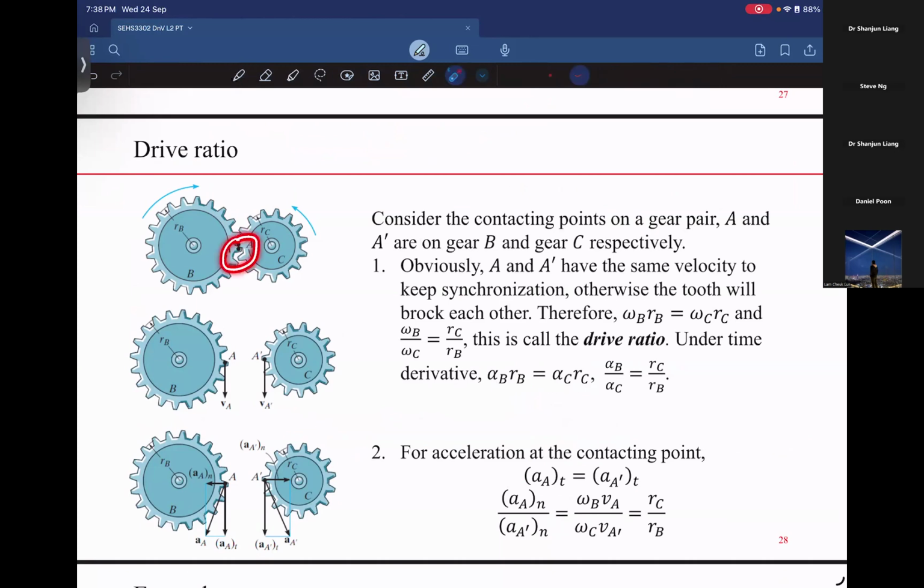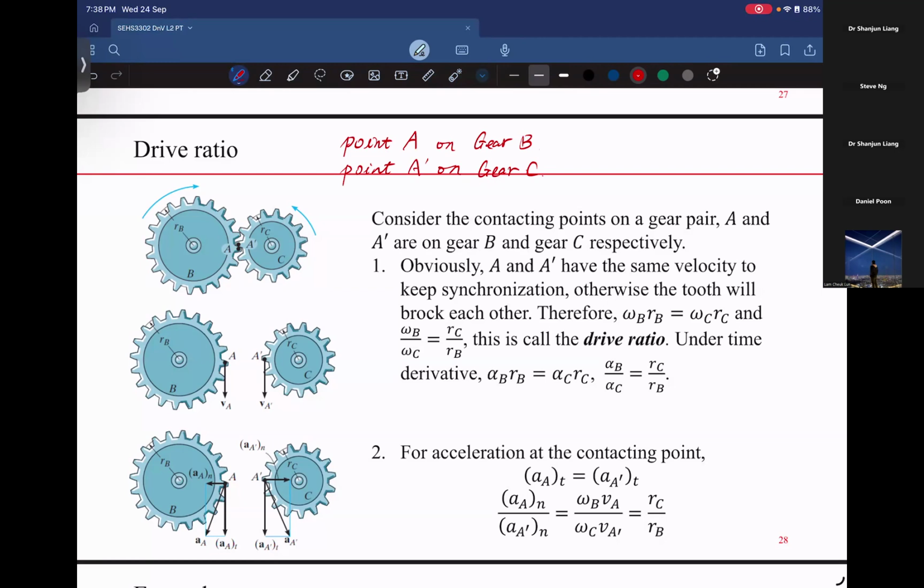So there are two gears. One is gear B, the other is gear C. And on the gears, there are 2 points. Point A is on gear B, and point A prime on gear C. Okay, and we need to know point A and point A prime.